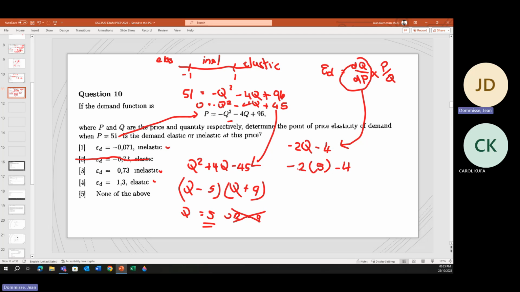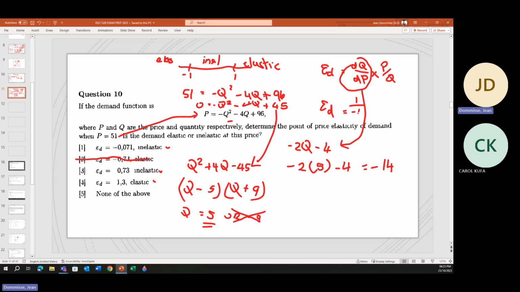Okay, so let's just see, minus 2 times 5 is -10, minus 4 is -14. So we have, and remember now in your next formula, it will become 1 over that.